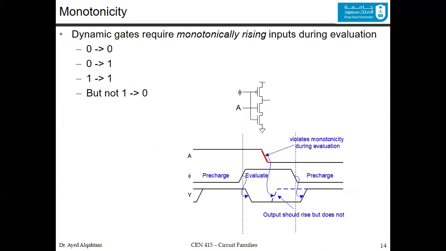It's related to monotonicity. So monotonicity says that if a gate requires a monotonically rising input during evaluation, this means that you accept 0 going to 0.